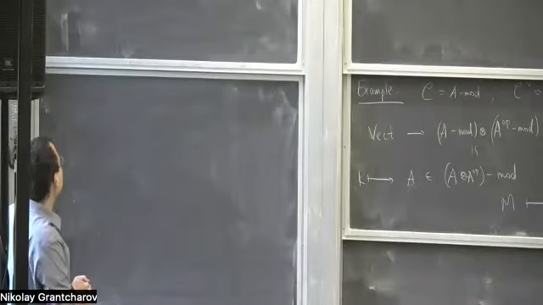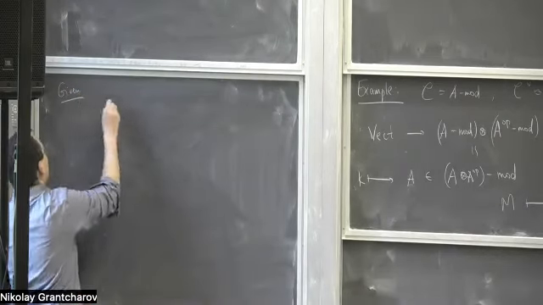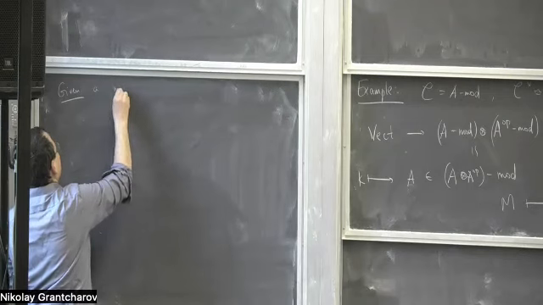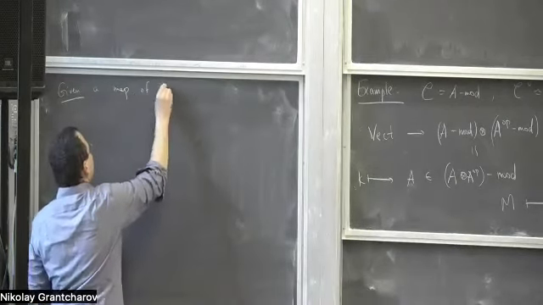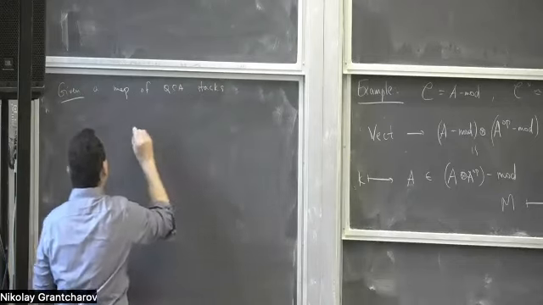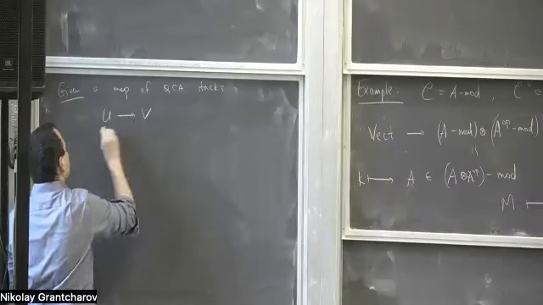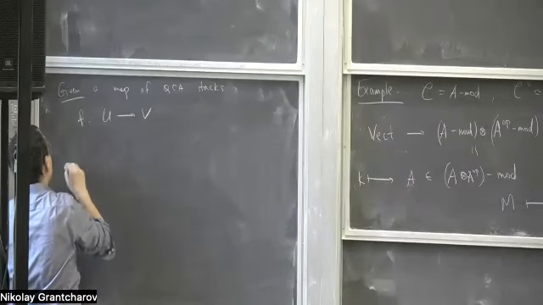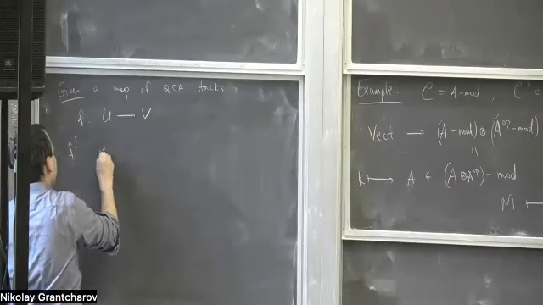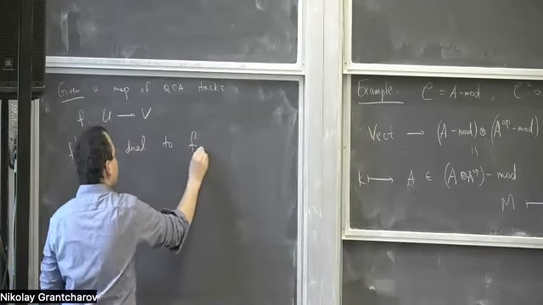And so the point is that given a map of spaces U to V, f lower star is dual to f upper shriek.